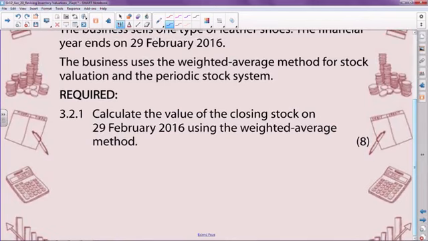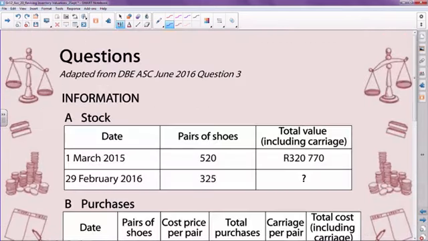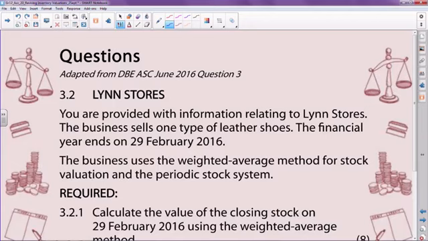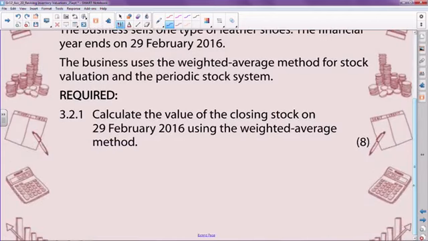Right, step number one. We start off by taking the opening stock, and the value of your opening stock would be 320,770. So fine, we've got the 320,770 as our opening stock, plus we add all our purchases.